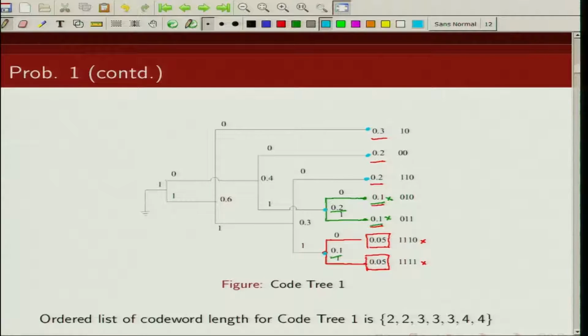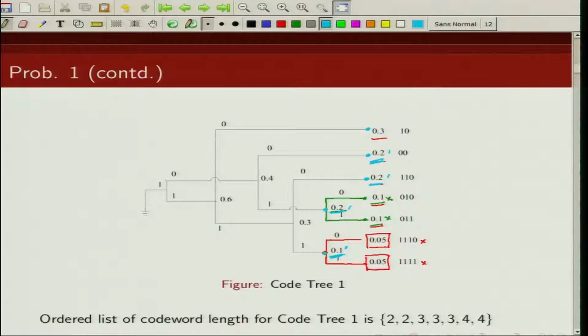Now I have this with probability 0.1, and this is 0.2, and this is 0.2, and this is 0.2. So I could combine this 0.1 with any of these 3 nodes which have probability 0.2.